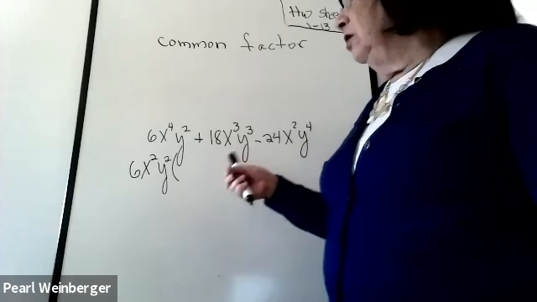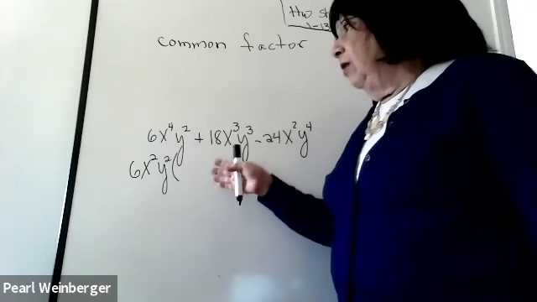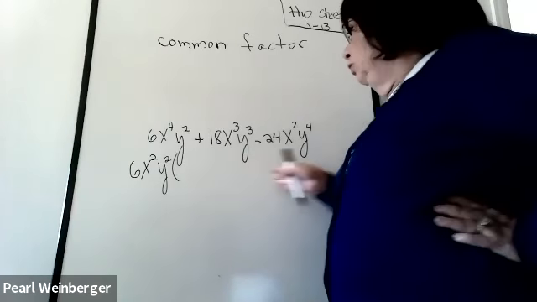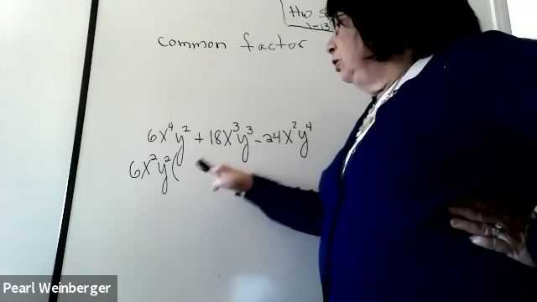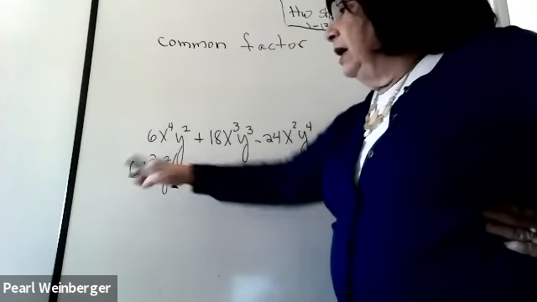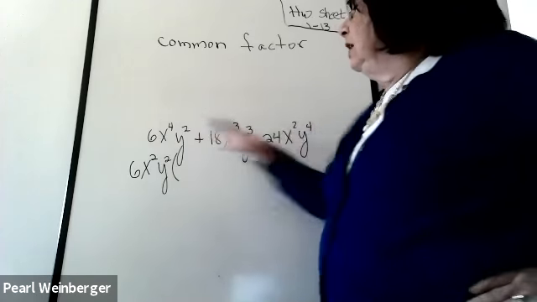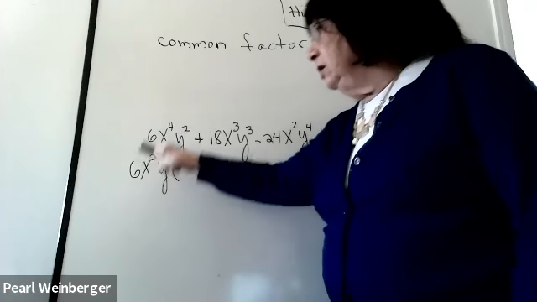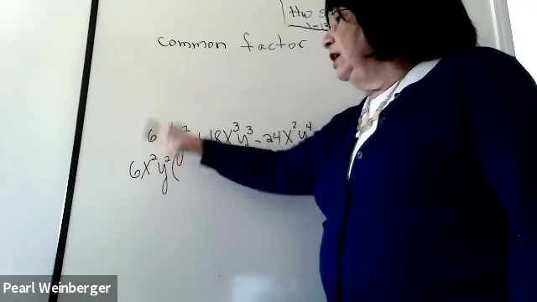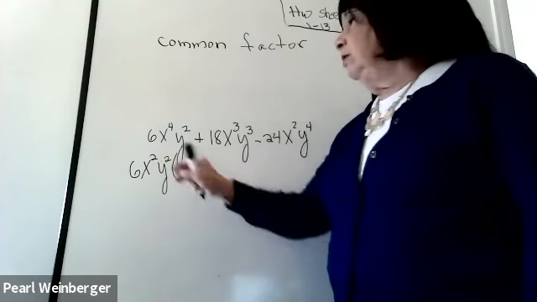Now we have to figure out what we should put inside our parentheses as the polynomial that we multiplied the 6x squared y squared by to get this whole expression, which means we have to divide this into each term. So 6 divides into 6, it cancels out.